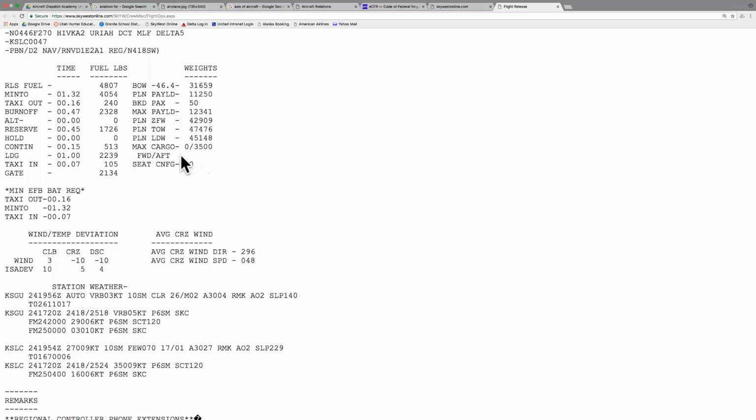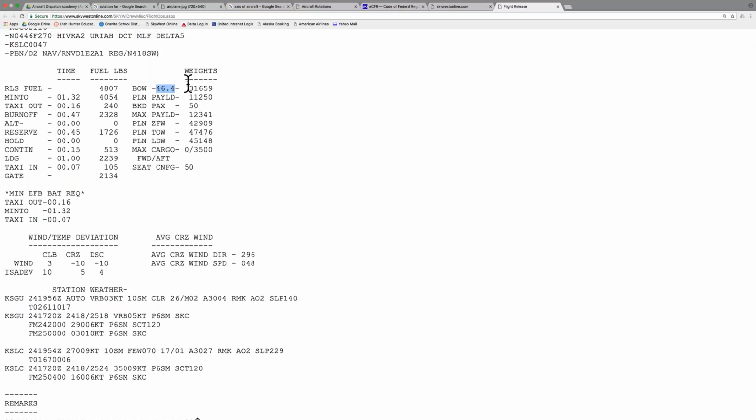So what happens is we'll put input data into the computer. When we look at these booked passengers, that's how many passengers we've expected for the flight. And when we talk about the BOW, this is a number our maintenance department provides, and then this index number, the 46.4, we'll get to a little bit later, but that's the center of gravity.